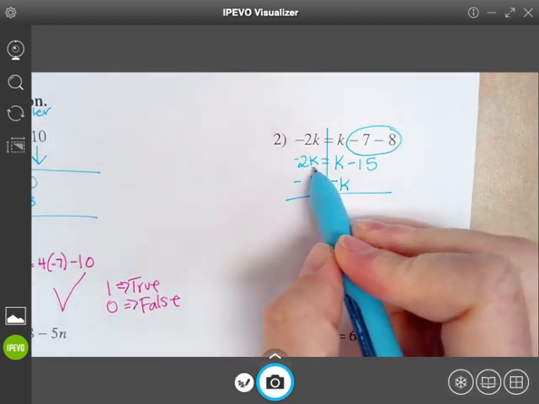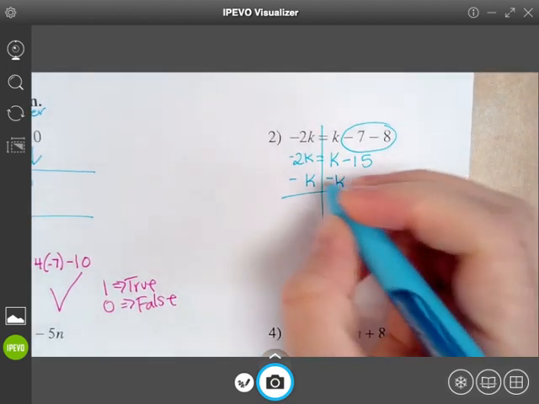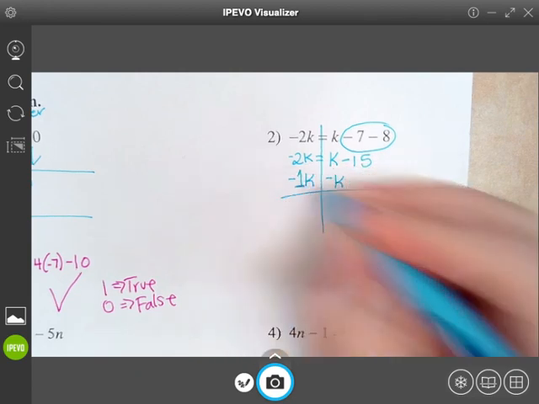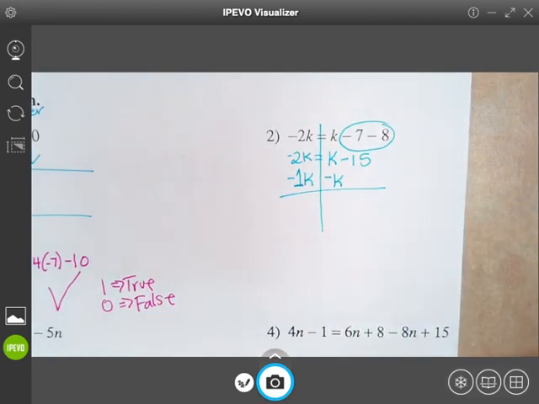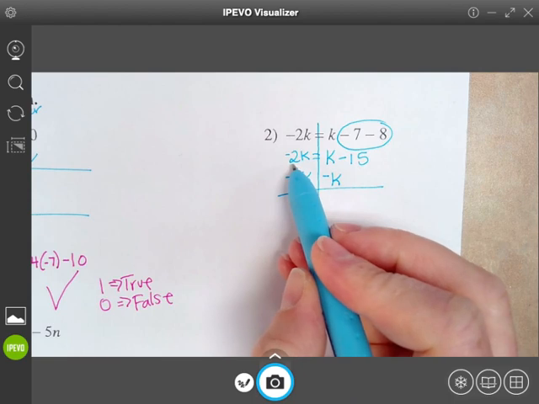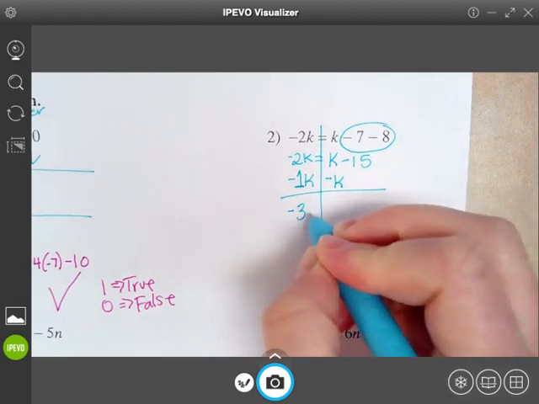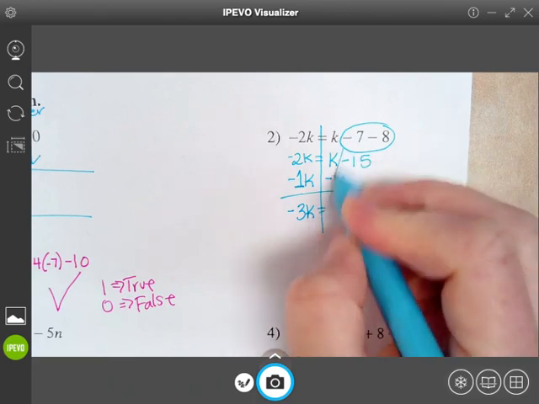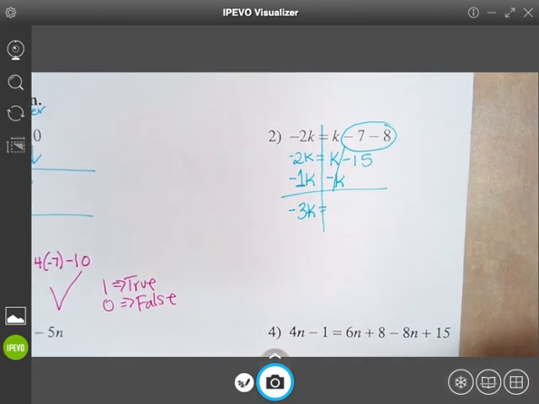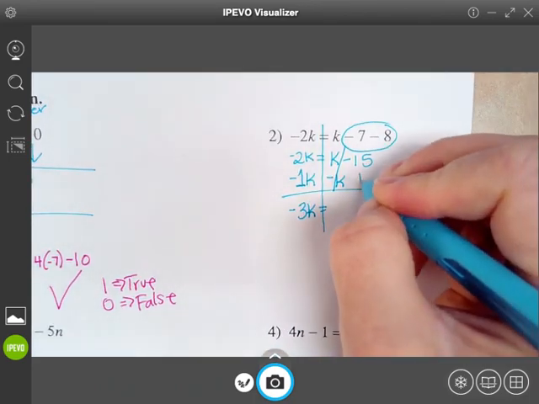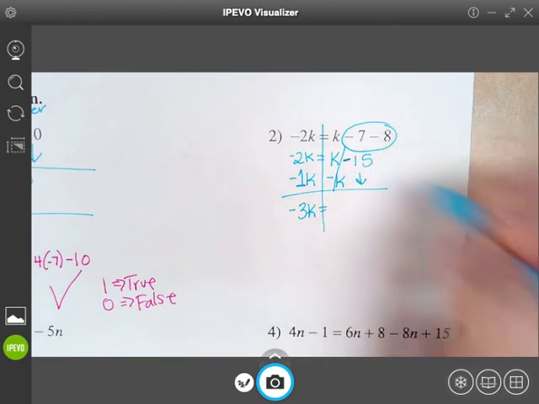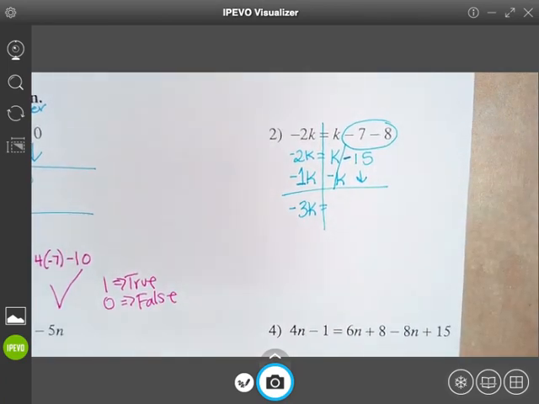If I have 2k and I subtract a k, this actually means 1, right? -1. So I now have -2k and a minus 1k, make it -3k. And then I'm carrying down, don't forget that -15.